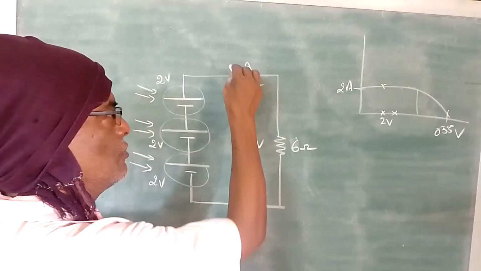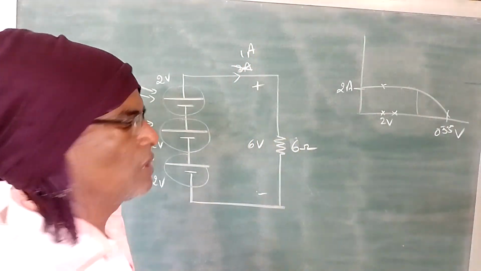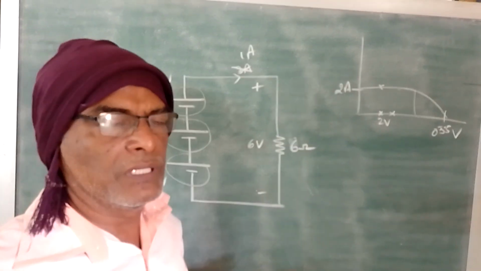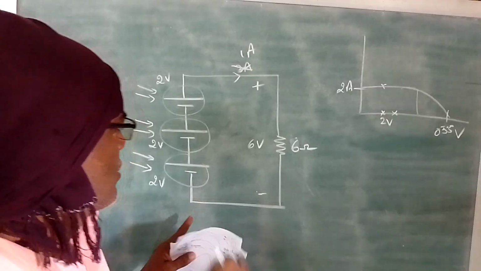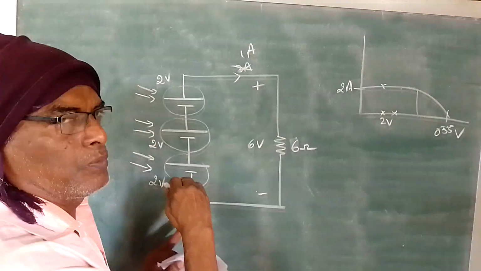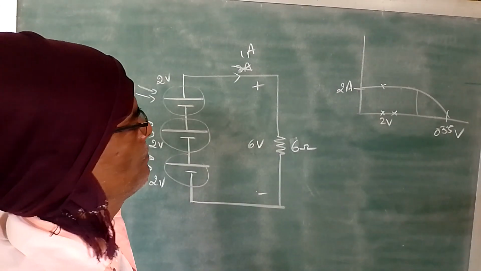In that case 6 by 6 you will be getting only 1 amp. Now you are in safe region. So that's how you have to design when you connect the solar PV modules in series.